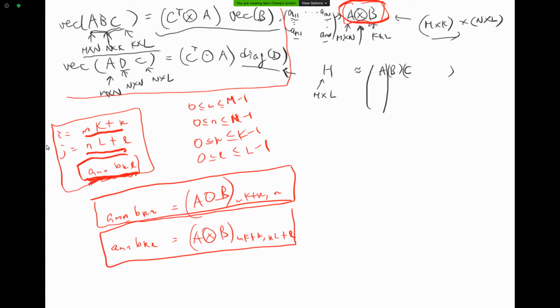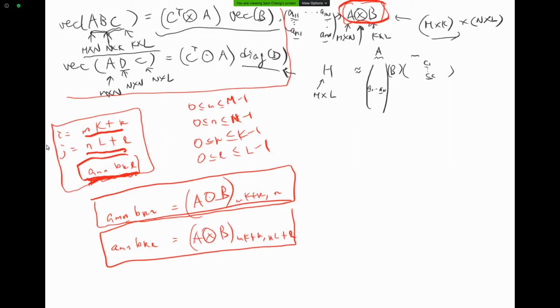I can represent a by its columns, a1 up to an, and represent c by its rows, c1 up to ck.